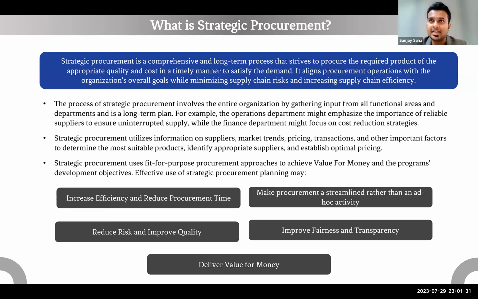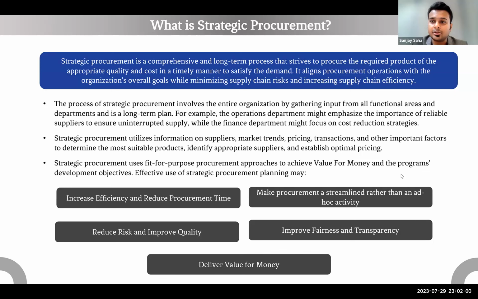It's not ad hoc, it's not an impulsive decision, but a very well thought out and long-term process which strives to procure the required product of the appropriate quality. That is again the metrics. Let's understand the metrics: appropriate quality and cost in a timely manner. So three key metrics, or rather four, because then it's to satisfy the demand.